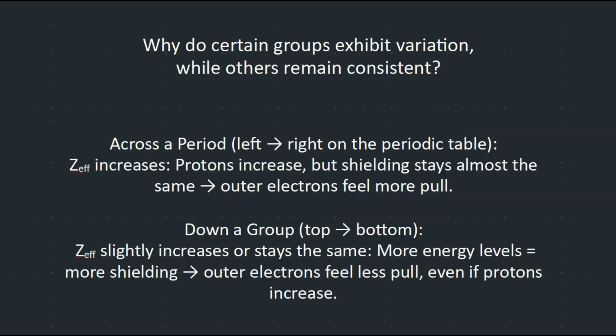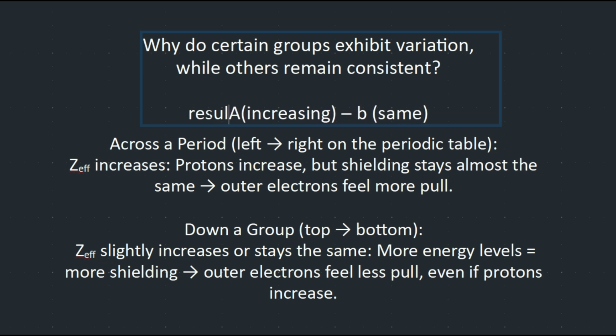The question is why does it happen? It's common sense. If you're moving from left to right, the number of core electrons does not change, but the number of protons increases. And so the shielding value will remain the same while the number of protons increases. So obviously, if A is increasing while B remains the same, and I have A minus B, what happens?